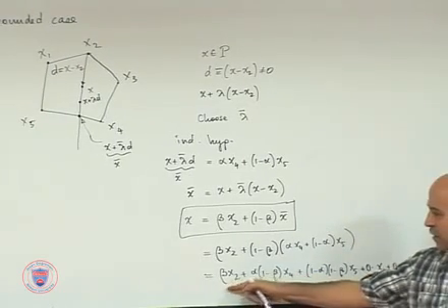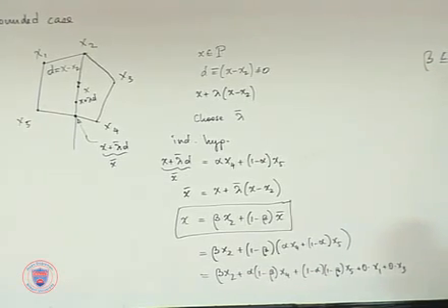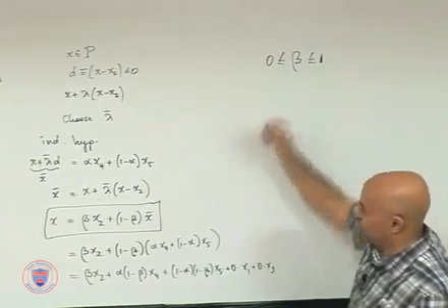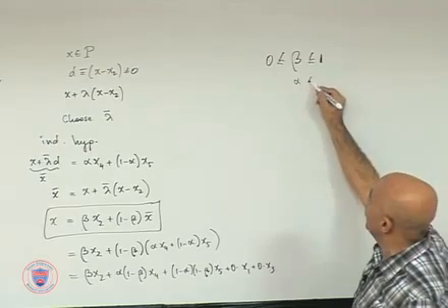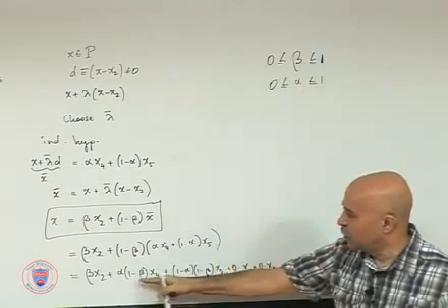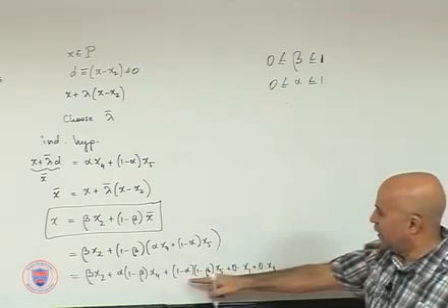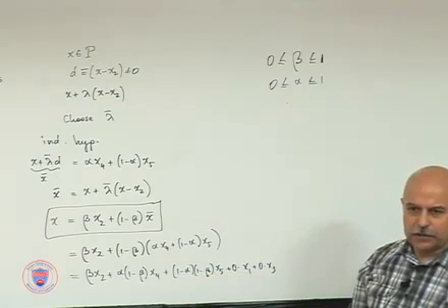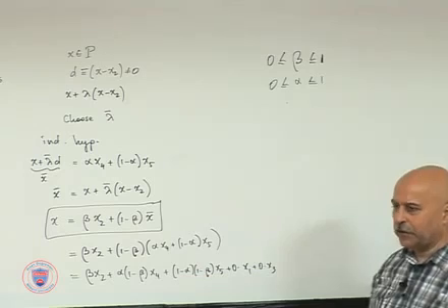Now, beta is a number between 0 and 1. I know that for sure. Alpha is also between 0 and 1, so alpha times 1 minus beta should be between 0 and 1. And this one, again, should be between 0 and 1, because you're multiplying two numbers between 0 and 1.